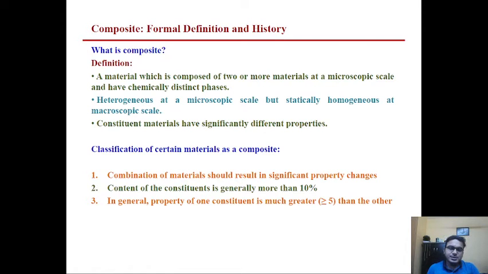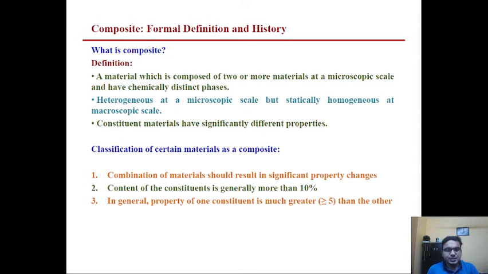The first condition is that the combination of materials should result in significant property changes. That is one of the important goals of forming a composite: once we create such composites, there should be a significant improvement or change in the properties, which is a requirement of certain applications.